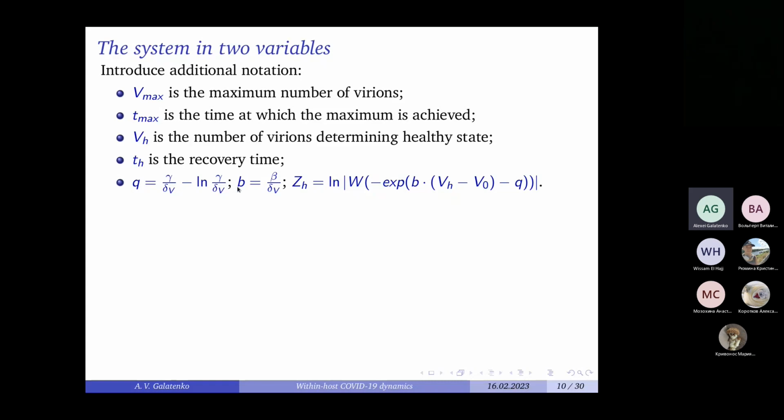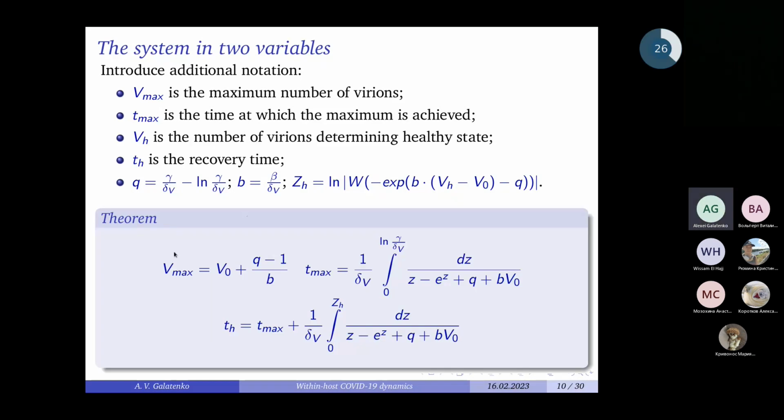The next point is just some technical notation. And the assertion, the meaningful assertion, in contrast to the previous assertion, which is more like a technical one, allows one to express the peak viral load, the time at which this peak viral load is achieved, and the time of recovery in terms of the initial parameters, in terms of the initial viral load and model parameters like beta, delta sub v, and so on.